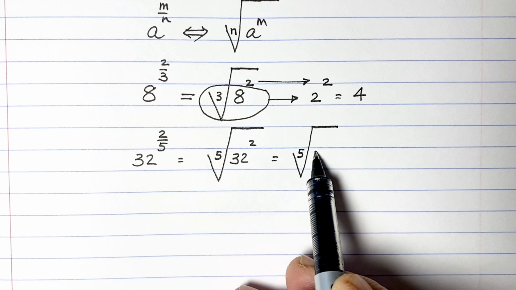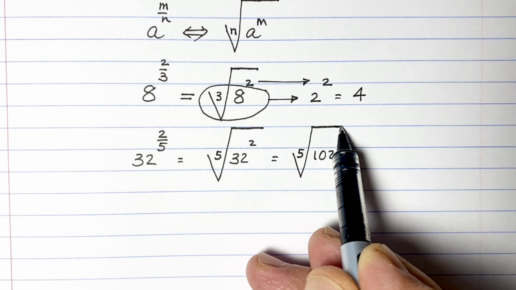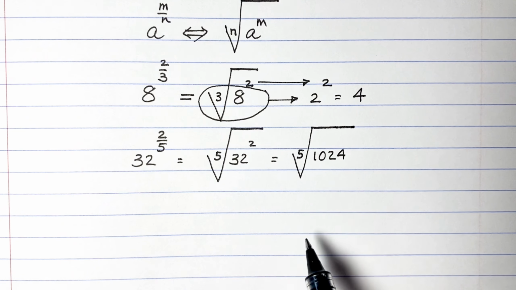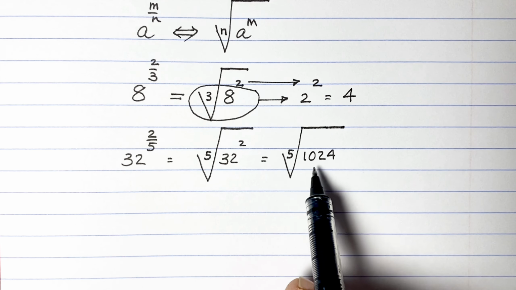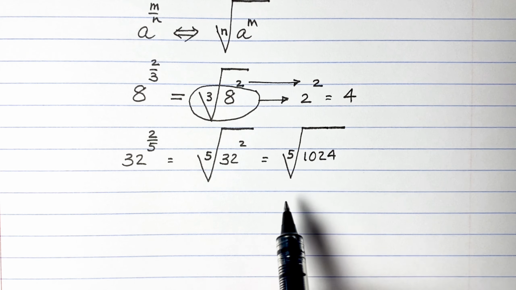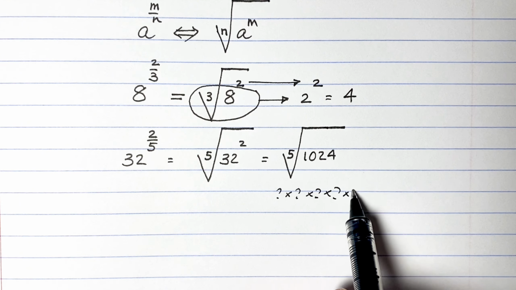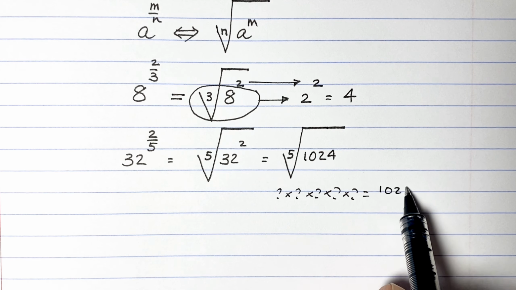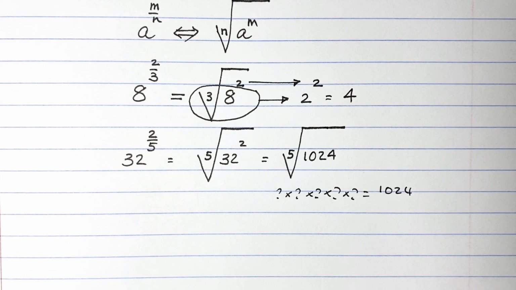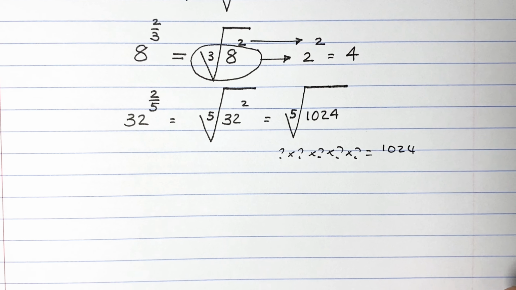That should be 1024. Then you're trying to find the 5th root of 1024. It's going to be extremely difficult. Without the calculator, what number times itself, times itself, times itself, times itself, is going to give you 1024? Without calculator would be very difficult.